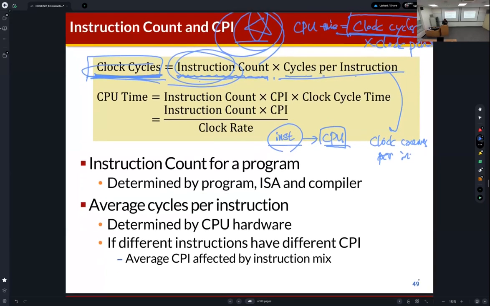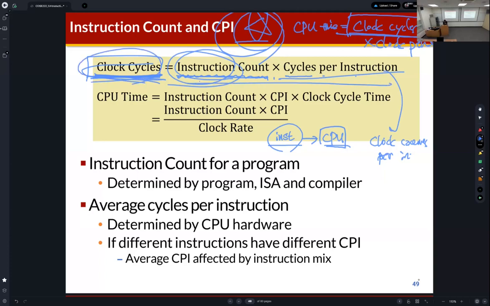It means one instruction will take multiple cycles. It may take more than one cycle, usually more than one cycle. So we can represent the clock cycles like this.